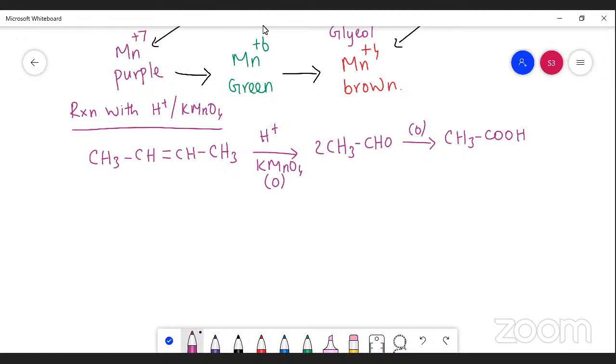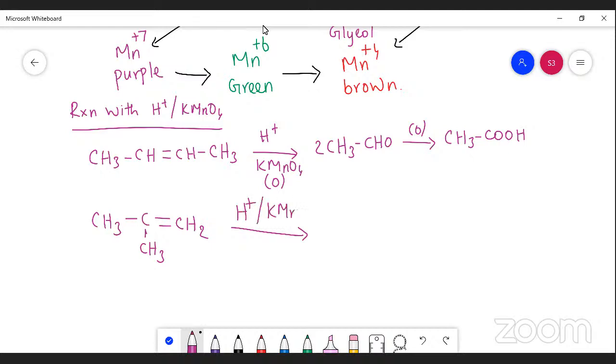Now, if you take 2-methyl-1-propene, that is (CH3)2C=CH2, and it is treated with acidified potassium permanganate, what is the product?